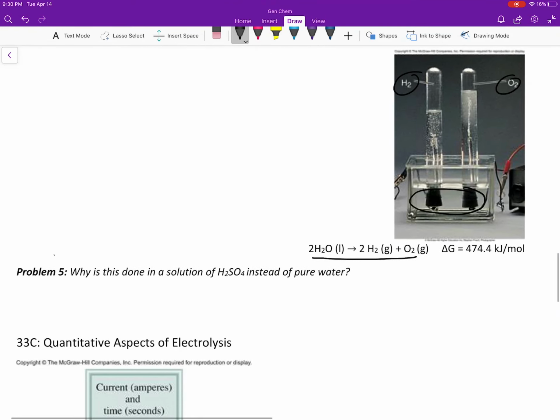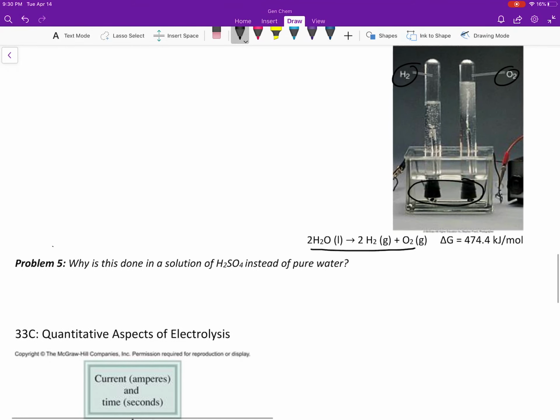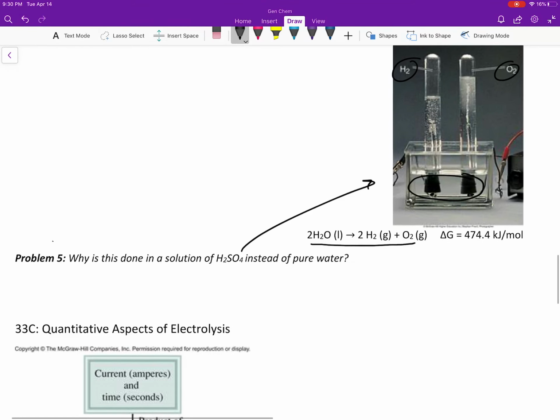This says, why is this done in a solution of H2SO4 instead of pure water? Well, what this does is increase the concentration of the H+ ions. And the reason why that's important is because the oxidation and the reduction reactions are as follows.